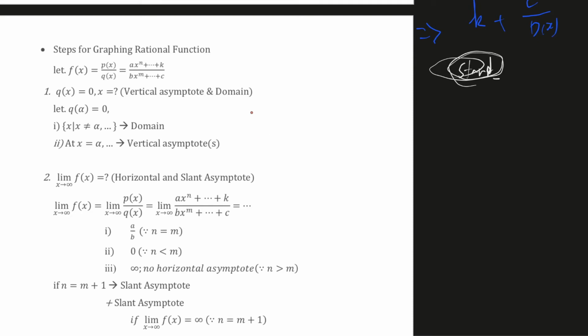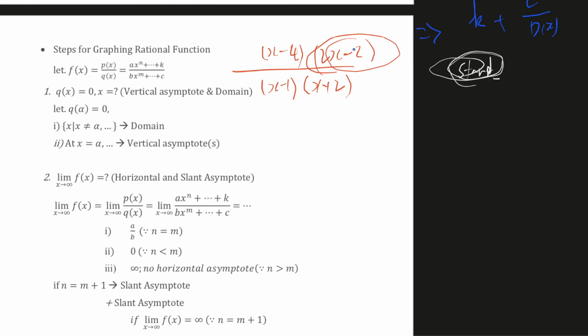When you see a rational function, let's say there's x minus 1 and x plus 2 and x minus 4 times 2x minus 2, and it's very obvious that you can simplify 2x minus 2, this part, into 2 times x minus 1, and if you cancel out x minus 1 and x minus 1, the final simplified form is going to be x minus 4 over x plus 2.